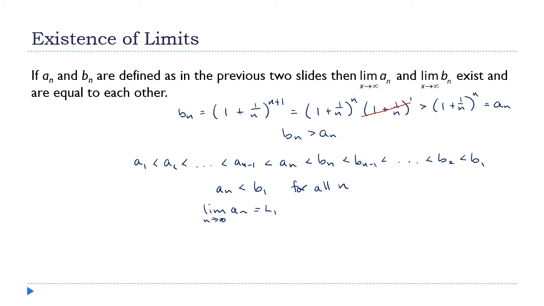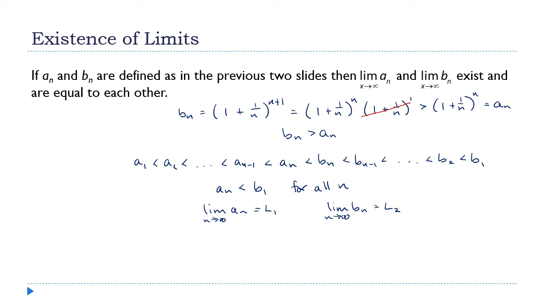And by the exact same argument, b is a strictly decreasing sequence that is bounded below. Therefore, it has a greatest lower bound, so its limit exists. So the limit of b_n as n approaches infinity also exists. Okay, great. It's an important step. Now I know that my limit equals something.